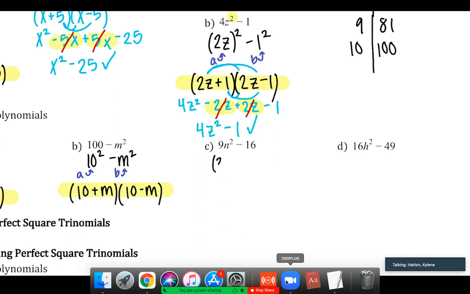So 3n in parentheses squared, because now that's written as 3 squared, which is the 9, and then n squared. And then minus 4 squared, or sorry, minus 16, so minus 4 squared. And then our A is 3n, our B is 4. So I'll let you guys finish that problem and then work on D also, and then we'll go through that final answer and then D once you guys are done.